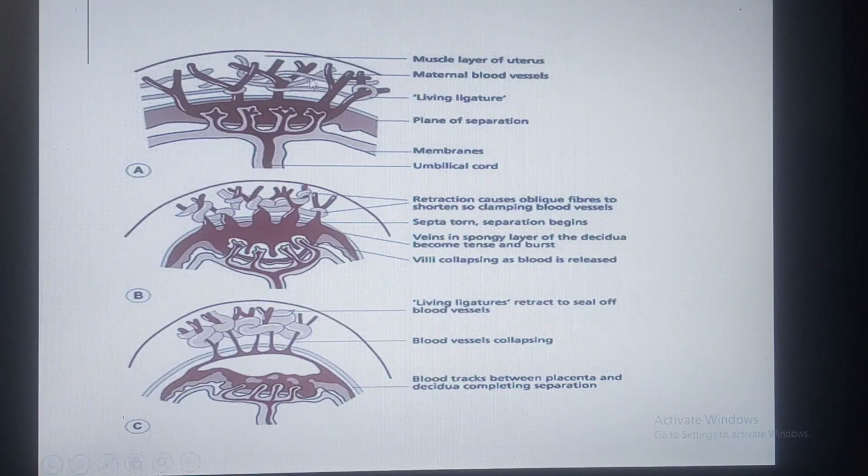Therefore, we call this middle crisscross layer as performing what we call the living ligature of the uterus. It performs this living ligature so that blood is prevented from moving out and we don't lose a lot of blood. So that's the living ligature of the musculature of the uterus, the myometrium.